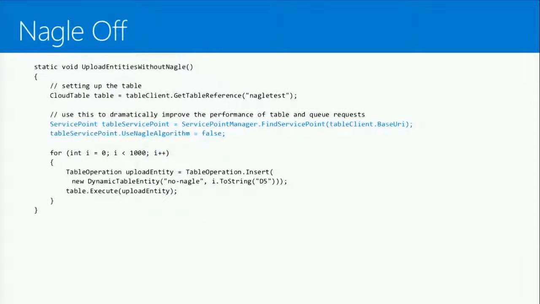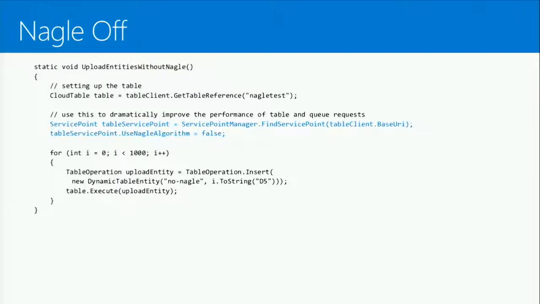So the first thing I do is I turn Nagle off. Nagle's algorithm is an algorithm that can help in certain network circumstances. It does not help with table storage and queue storage or any very small operations against the storage service. So we generally recommend turning it off. You can see using ServicePointManager there to turn it off for the table service endpoint.